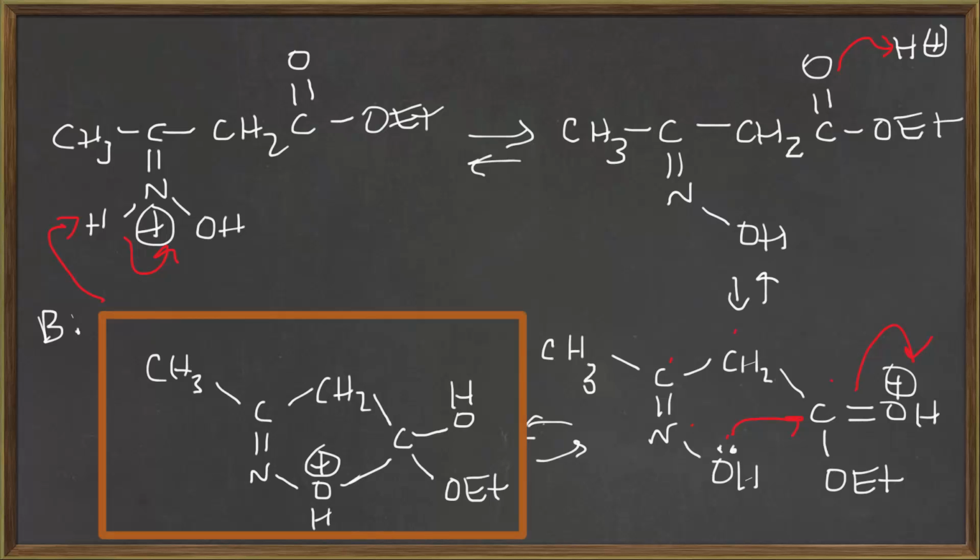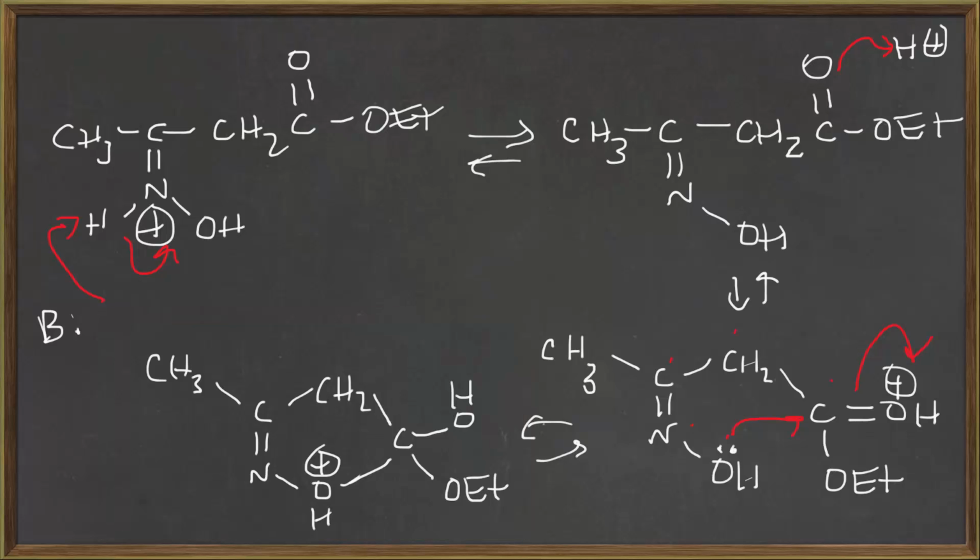Okay, now things to point out. A number 1, you need to deprotonate that hydroxyl group. B number 2, that is a hemiacetal carbon. A carbon with 2 singly bonded oxygens is not nearly as stable as a carbon-oxygen double bond. So you know where to go with this.